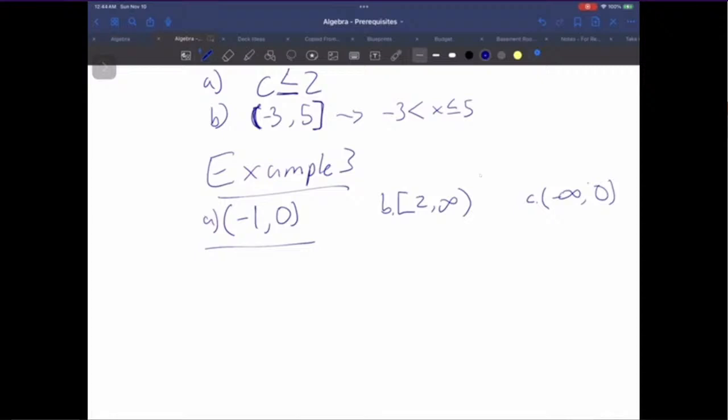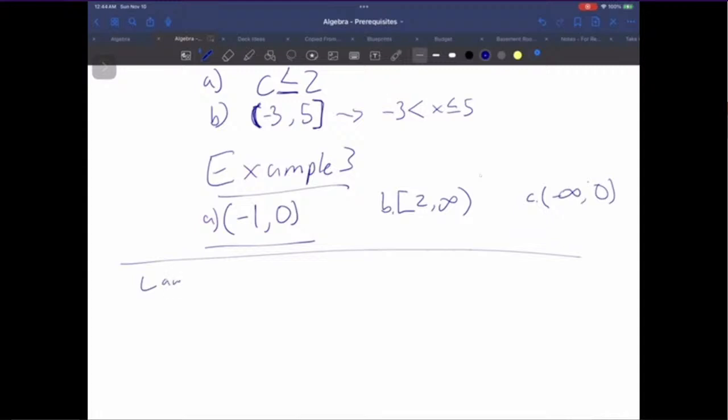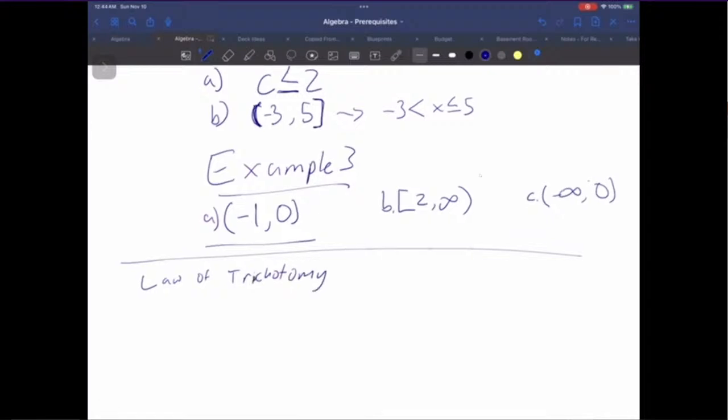Here we have what we call, the next part would be the law of trichotomy, I guess, which states that for any two real numbers a and b, precisely one of three relationships is possible. You can use this in a lot of logic type stuff if you ever need to look at a problem objectively.